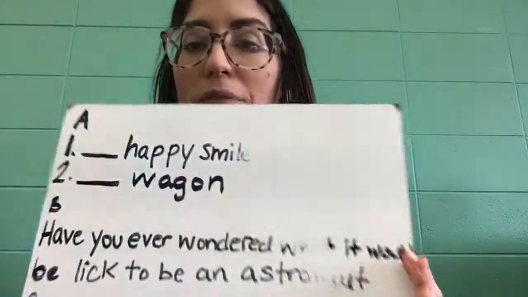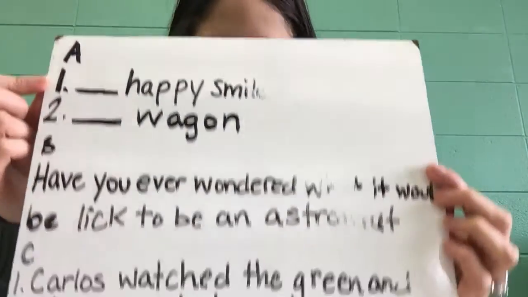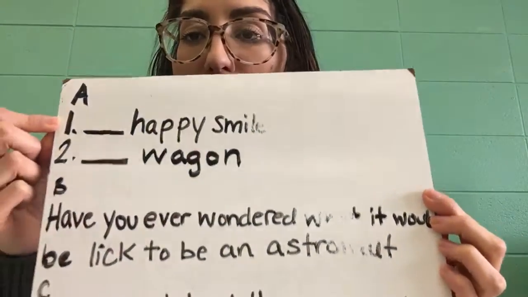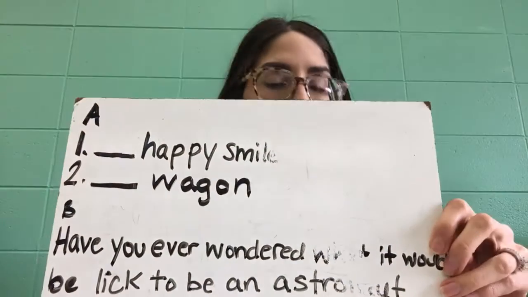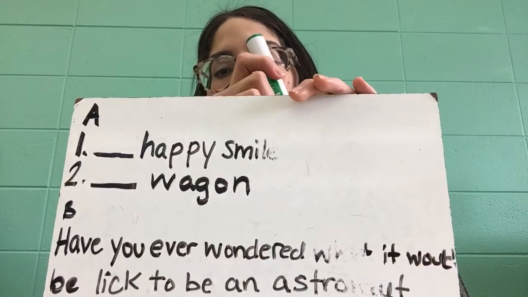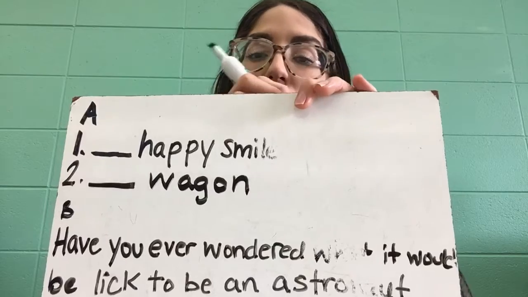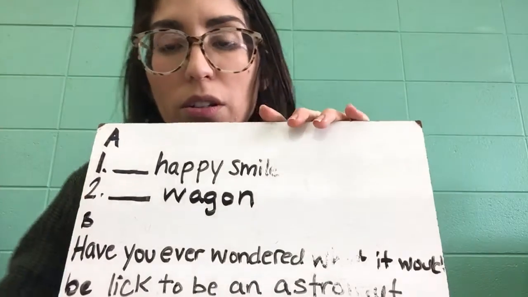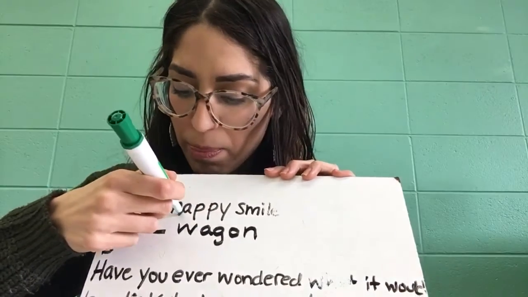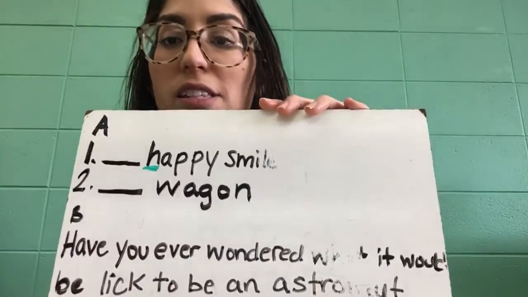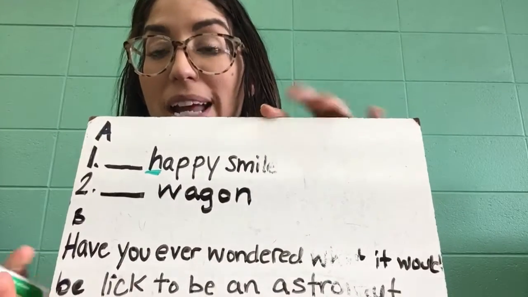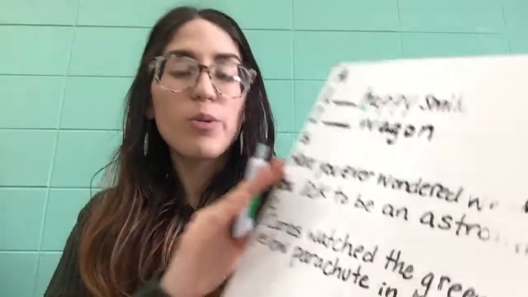Okay, let's practice this. Think A, your worksheet says, write a or an before each word or phrase. Number one says, blank happy smile. To figure it out, you need to look at the first letter, H. Is that a consonant or a vowel? That's right, it's a consonant, so we use a.